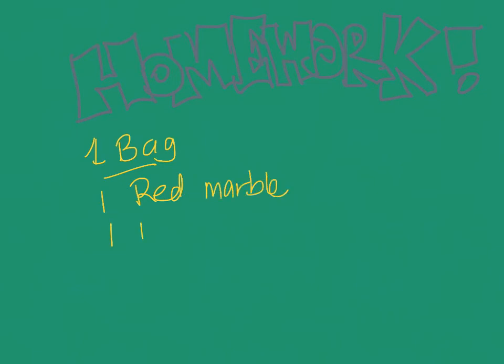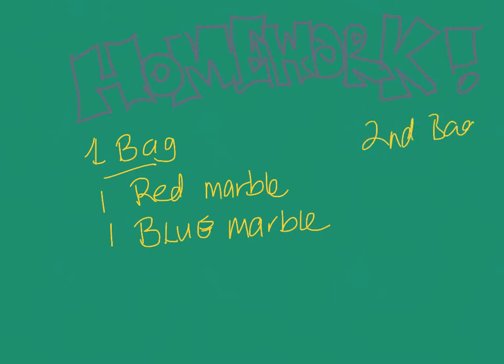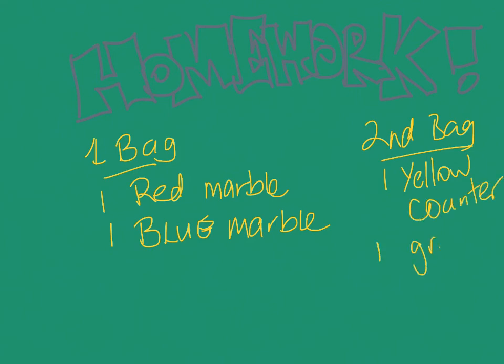Let's say we have one bag, and in that bag we have one red marble, one blue marble, and then in a second bag, we have one yellow counter, and we have one green counter.